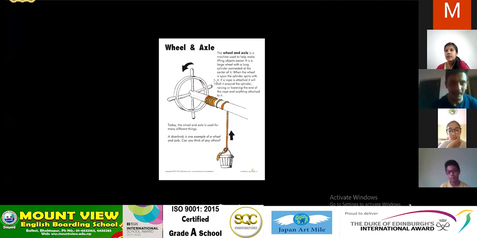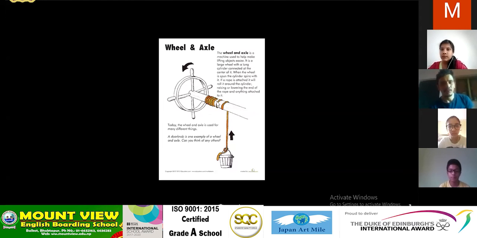The small cylinder contains a load. This bucket is taken as a load. The small cylinder contains the load, and we apply force on the big cylinder. So usually in a wheel and axle, force is applied on the big cylinder. This is called the big cylinder or wheel, and the load is kept on the small cylinder or axle.